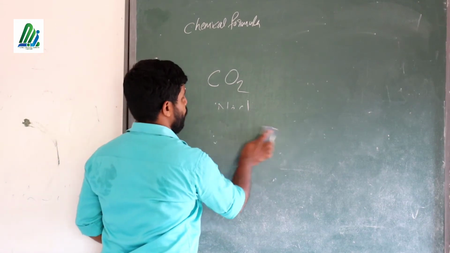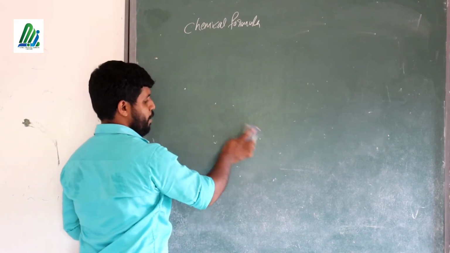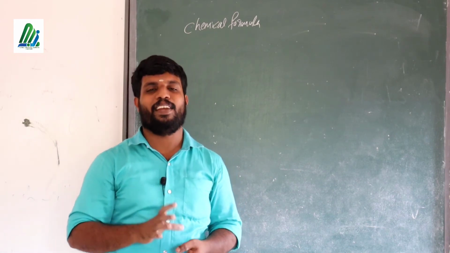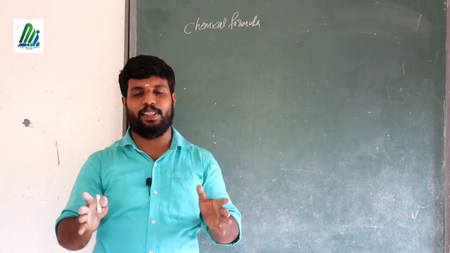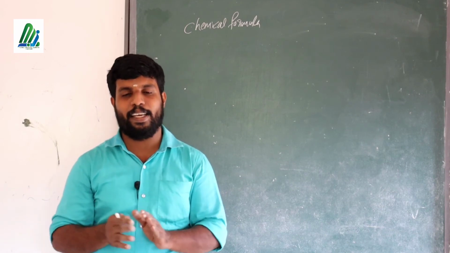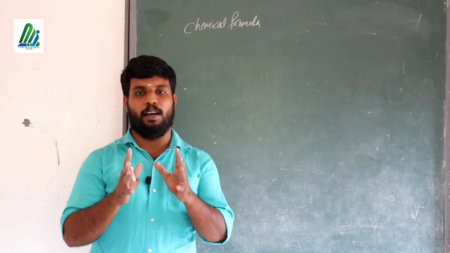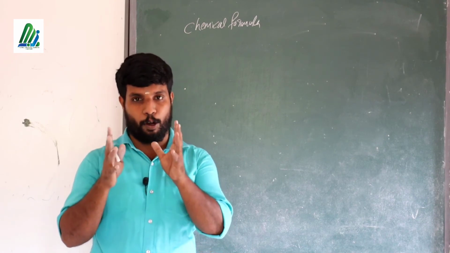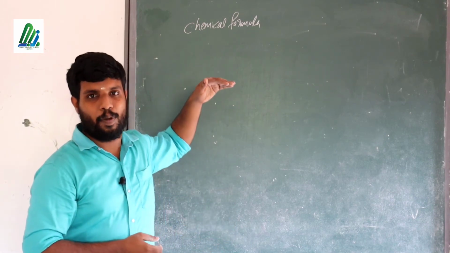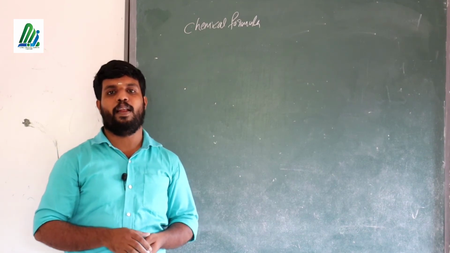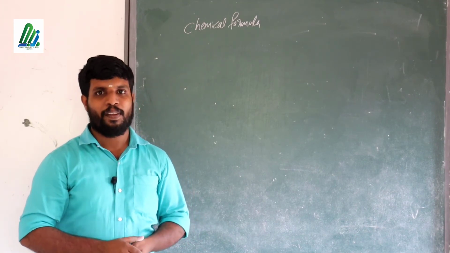Like that, all of you write the molecular formulas of the compounds given in the table in your textbook, fill in the chemical formulas in your notebook, and write the equations given in your textbook related to writing chemical formulas using valencies.